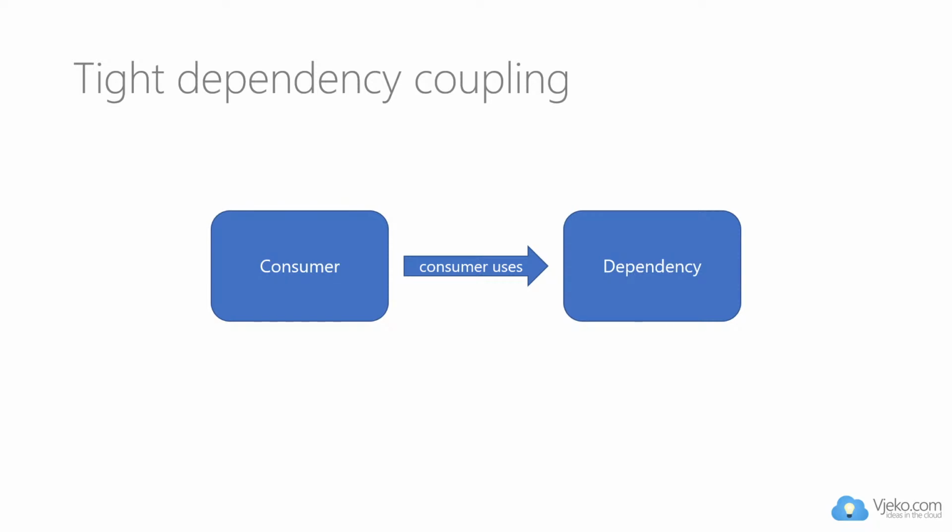The problem with that approach in general is that the consumer needs to know not only about a dependency, it often also needs to know about specifics of that dependency. For example, what we saw earlier was a currency exchange rate code unit which then consumes a web service. So this currency exchange rate method needs to know about specifics of the implementation of a specific exchange rate converter. This is tight dependency coupling, and this is something we can improve upon.